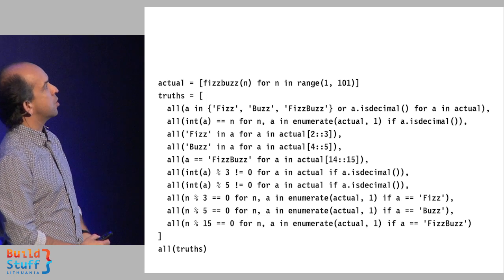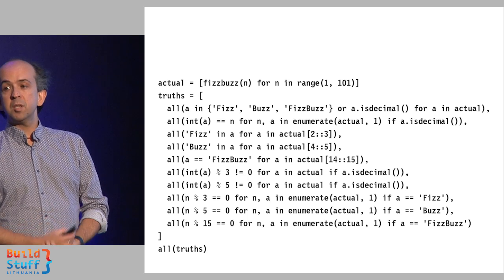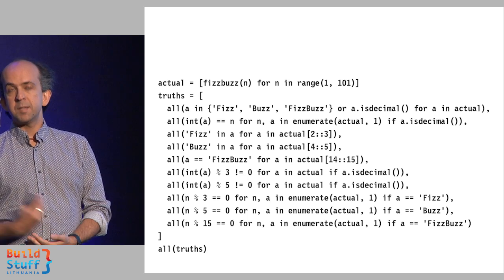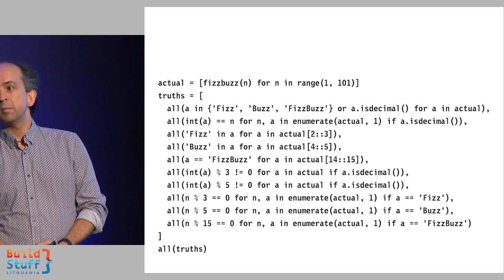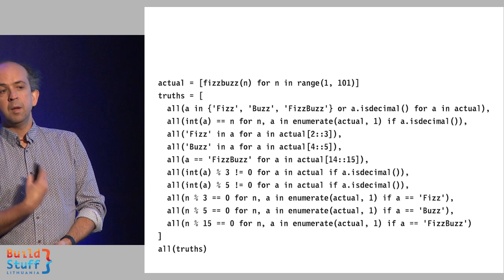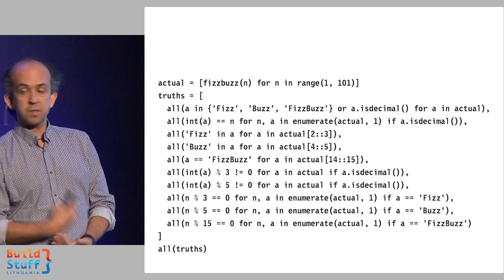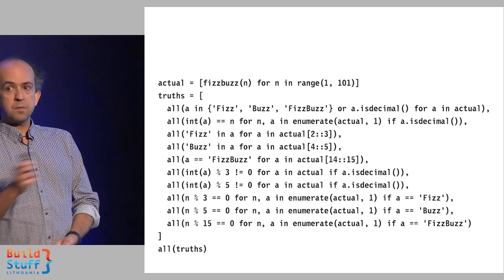Every decimal result corresponds to its ordinal position. So if you find a number, say 13, then it should be the 13th position, as if counting from 1. Every third result contains fizz. Okay, so the third one should be fizz. The 15th one should contain fizz, because it's fizzbuzz. Every fifth result contains buzz. Every 15th result is fizzbuzz.